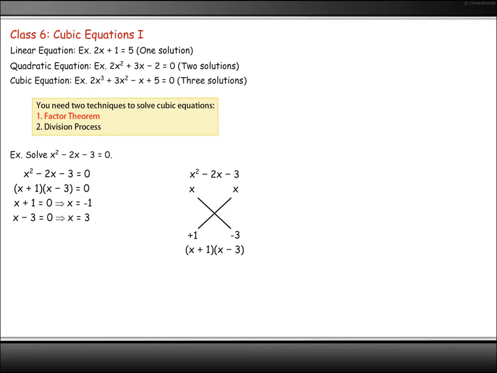The solutions are x is equal to minus 1 and x is equal to 3.